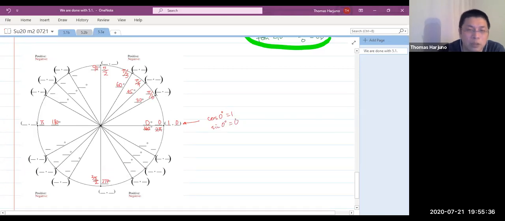Once you know the coordinates on the unit circle, then you know the values of the sine and cosine associated to the angle for that point. This is 0, 1, which means cosine 90 degrees, the x component, is 0, and the y component, sine 90 degrees, is 1. This guy here is -1, 0. This is 0, -1.